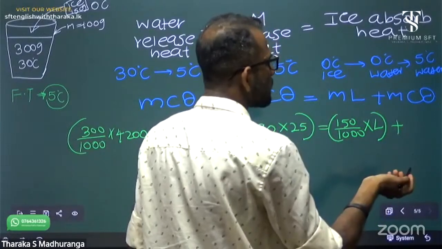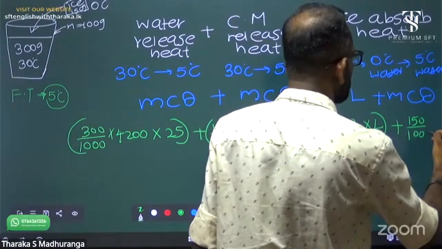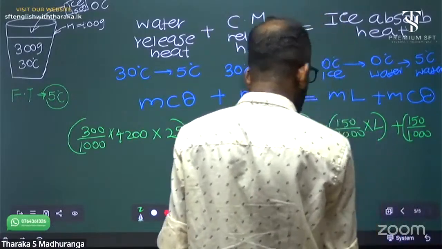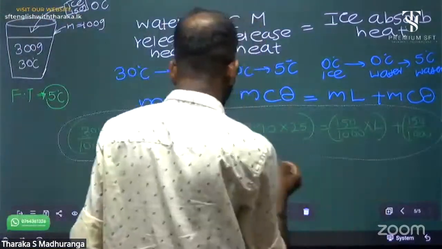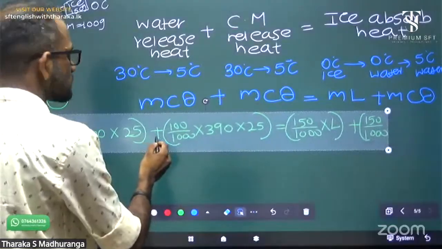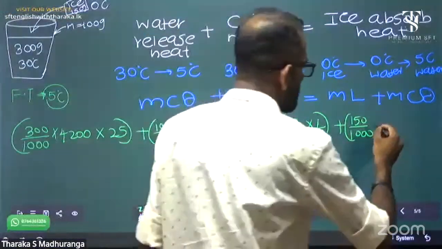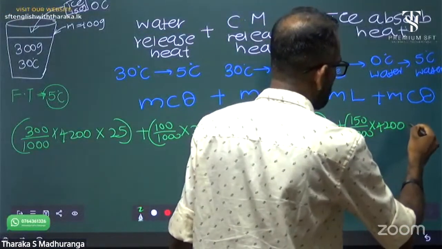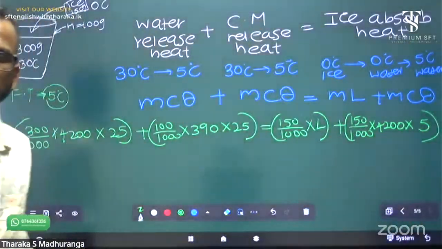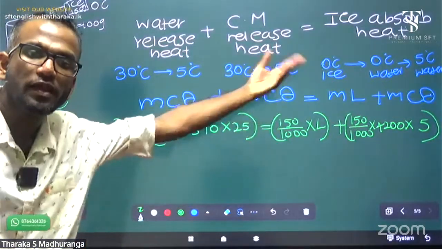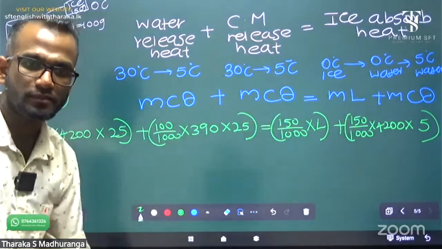The mass of melted ice water is the same, 150 over 1000, with specific heat capacity 4200. Temperature difference 0 to 5 Celsius, only 5, not 25. At the final state, the melted ice converted to 5 Celsius. Okay.